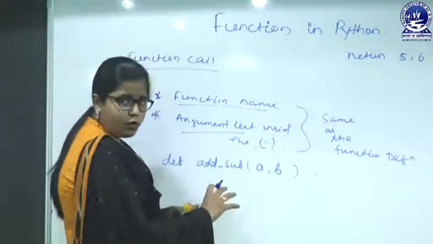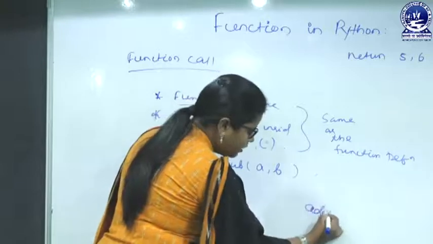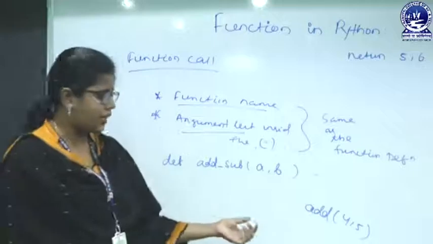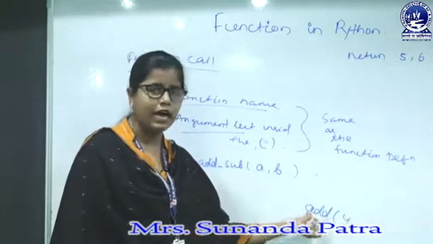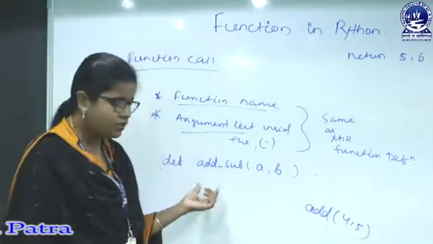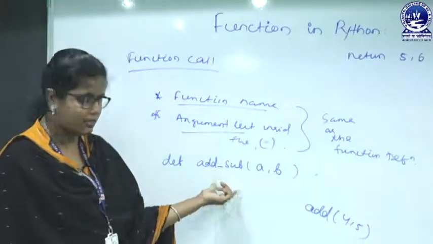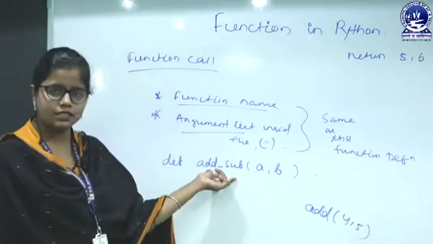This is the example I am taking to differentiate between the function call and the function definition. Suppose for this function I am writing a function call, that is add 4, 5. When we encounter this statement, the function call add 4, 5, the execution will not jump in here, because the function name is mismatched. Here the function name is add, and here the function name is add sub.